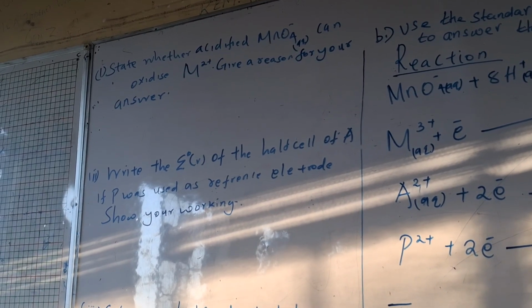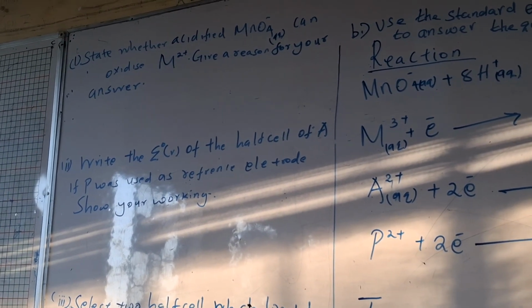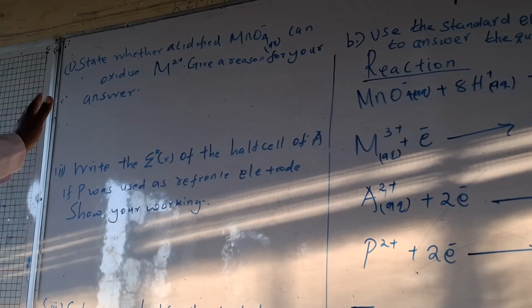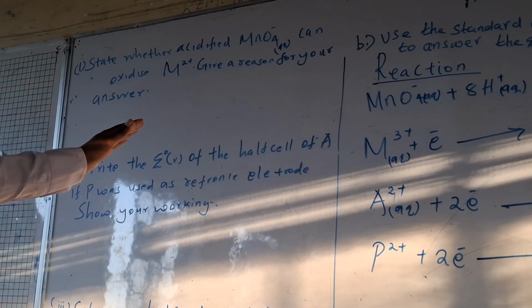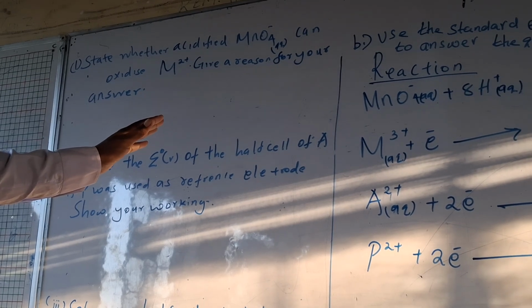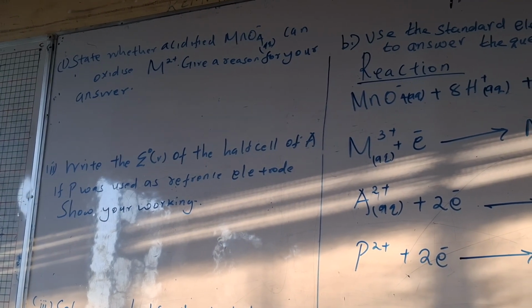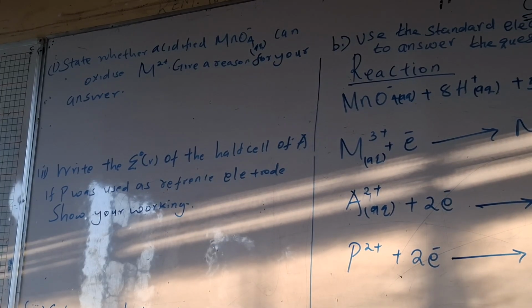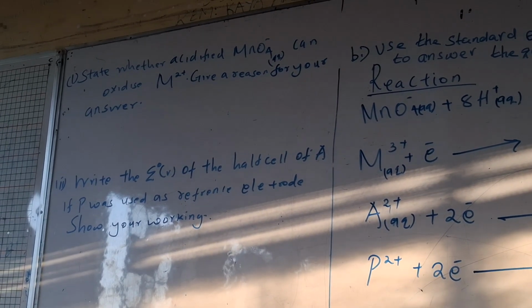Now let's see. What you need to do is put MnO4- on the left hand side. Are we together? And then Mn2+ on the right hand side.